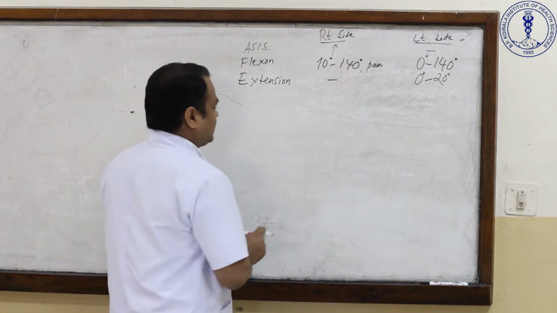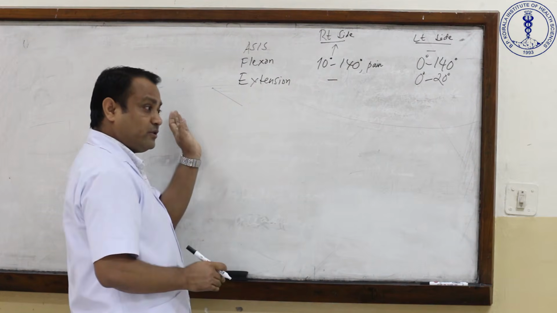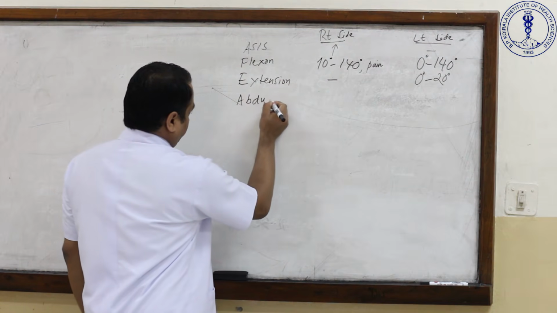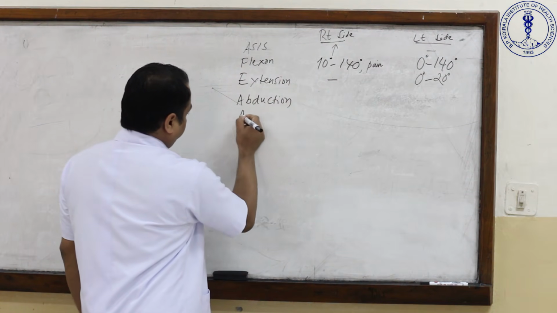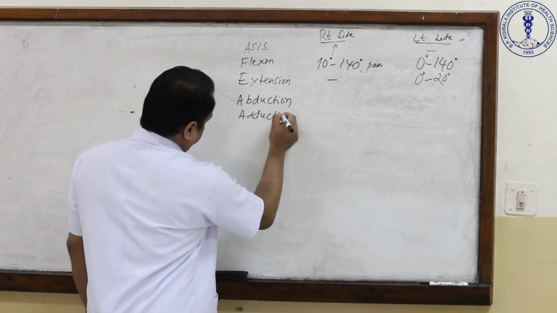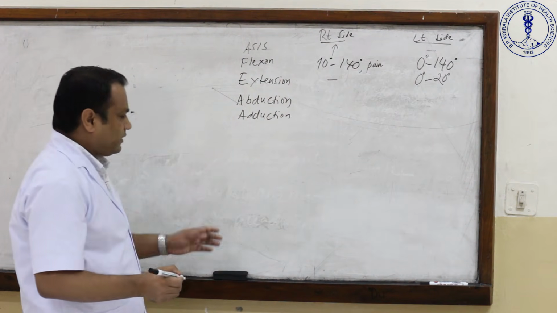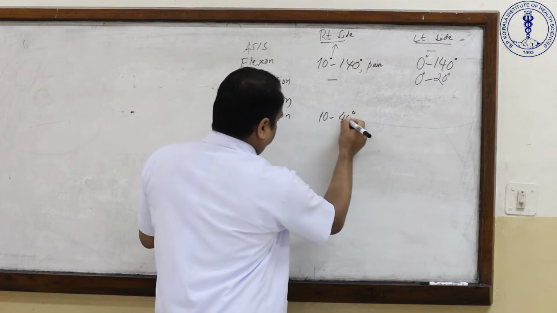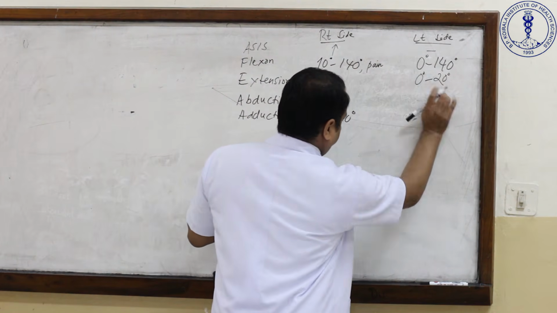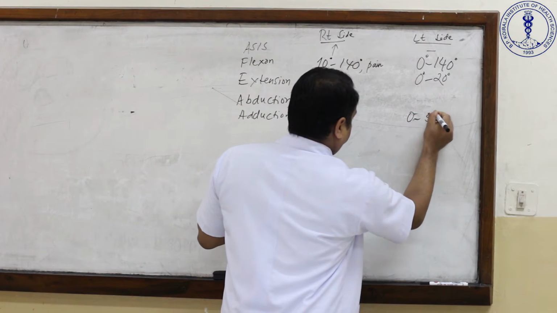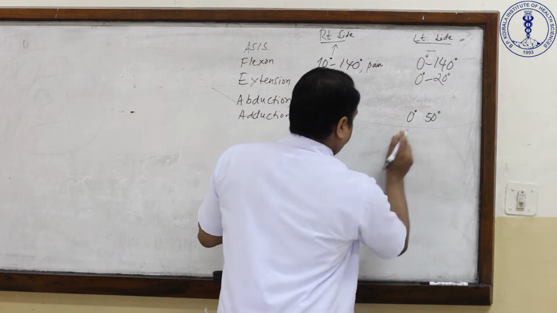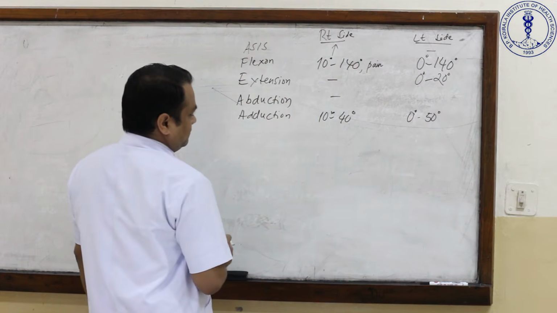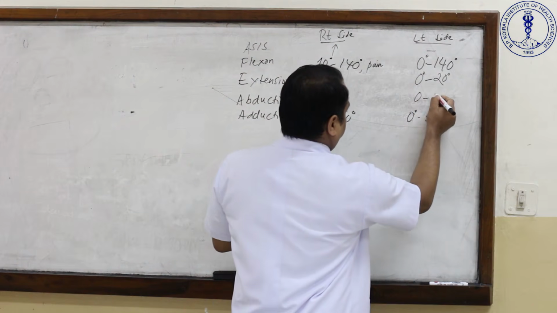Now next is the coronal plane. We talk about the abduction and adduction here. For any case, let's say the adduction was from 10 to 40 degrees on the right, and on the left it is from 0 to 50 degrees. Let's say abduction is not possible on the right, and the abduction on the left is from 0 to 50 degrees.